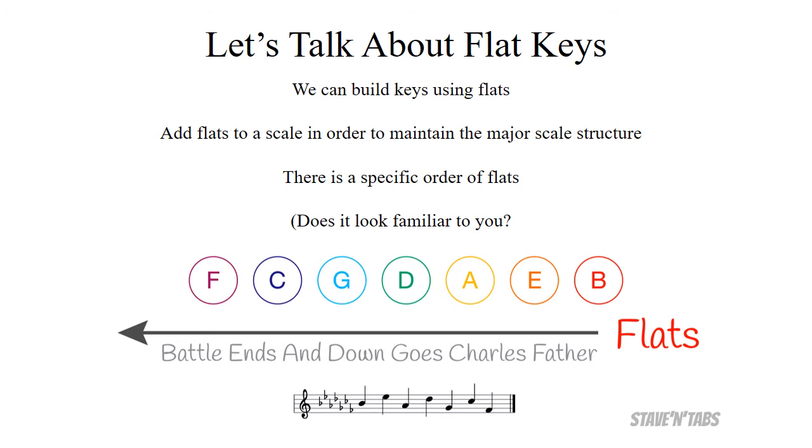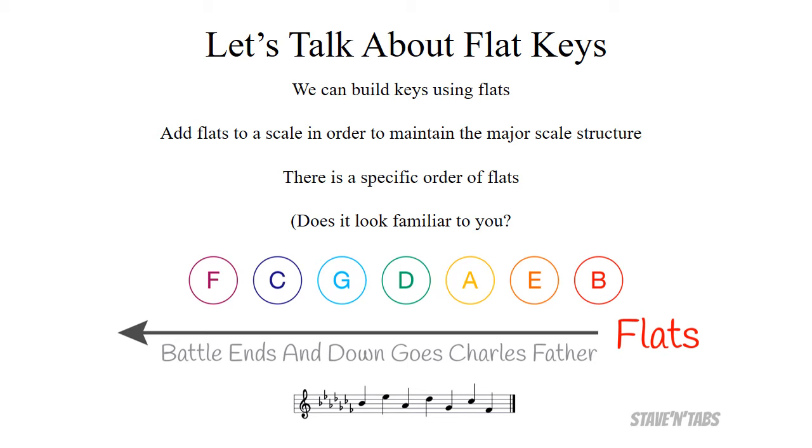So now that we've talked about sharp keys, let's go ahead and talk about flat keys. And they're remarkably similar to sharp keys. There are very few differences. Just like with sharp keys, we can add flats to scales to maintain our major scale structure. And there's also an order of flats, just like there is an order of sharps.